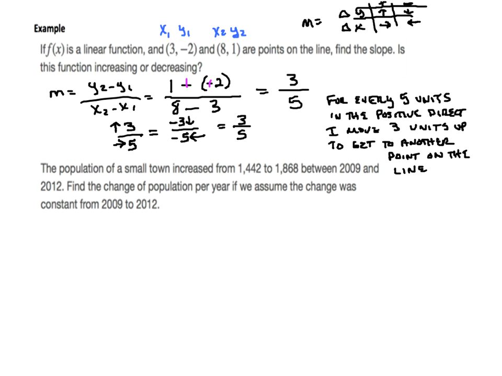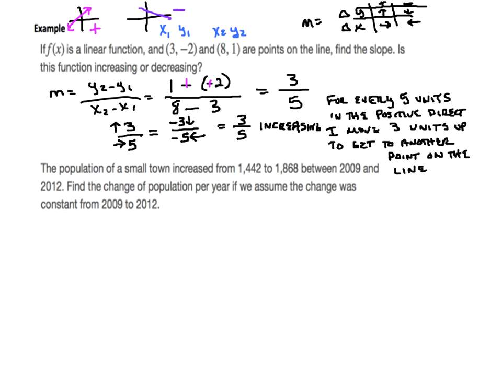This is also considered a positive slope, so this is increasing. So when you have a positive slope, you should expect to get a positive value when you calculate it. Same thing with negative slope. When you have a negative slope, you should expect to get a negative value out.